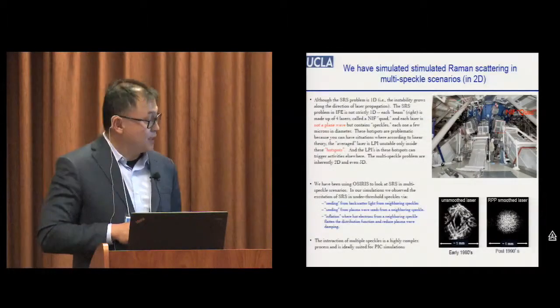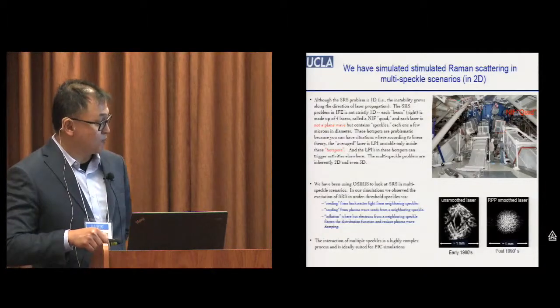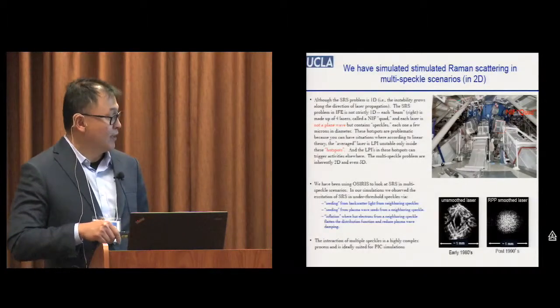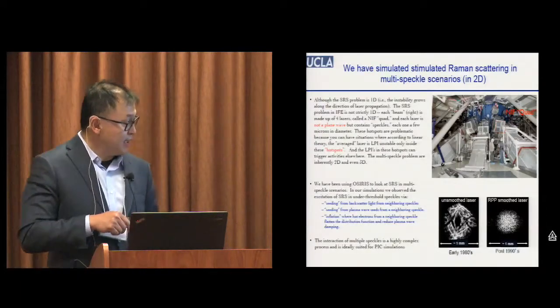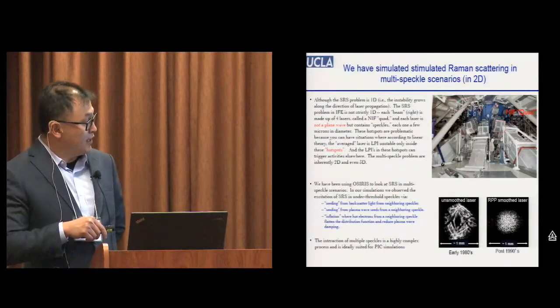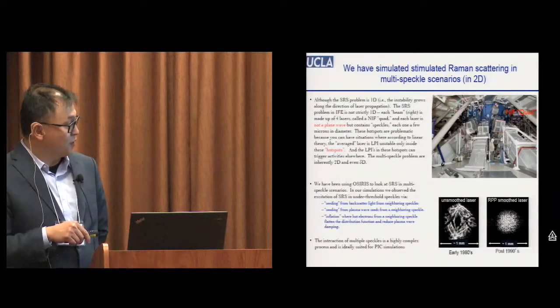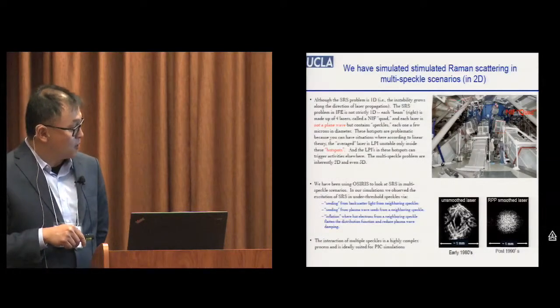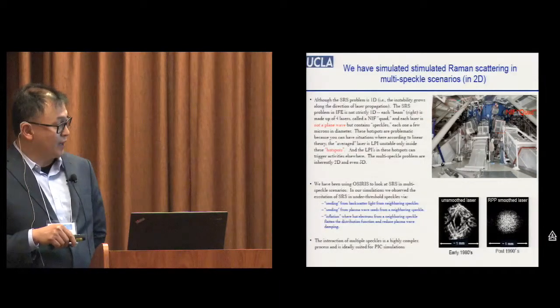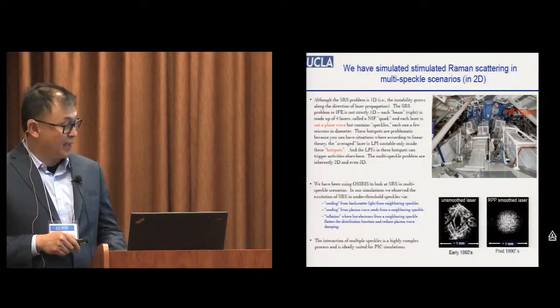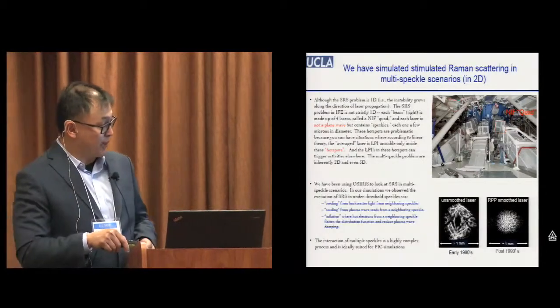In our simulations, we have identified 3 processes by which the laser hotspots can trigger LPIs in surrounding areas. One is the seeding of backscatter light from plasma waves, and also we can have seeding of laser plasma interactions by the plasma wave, by the light propagating from one speckle to another.